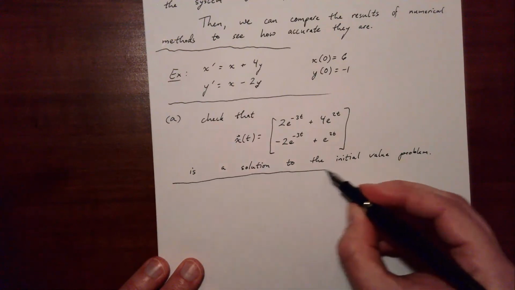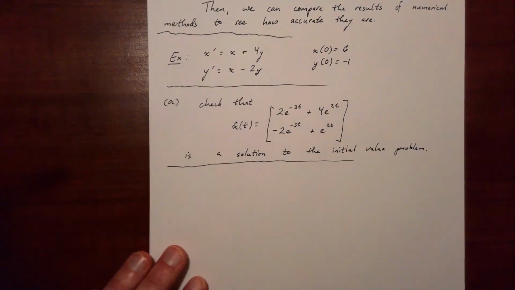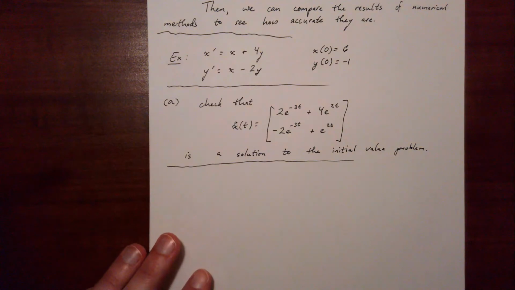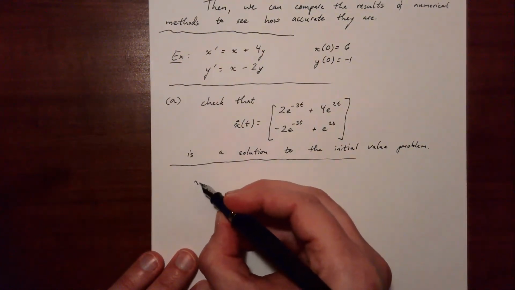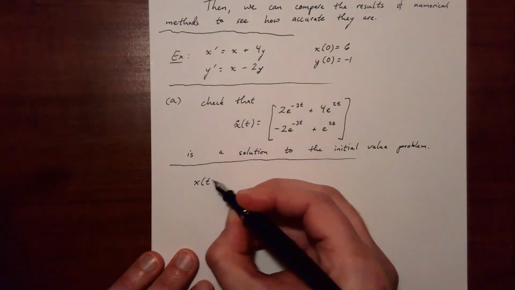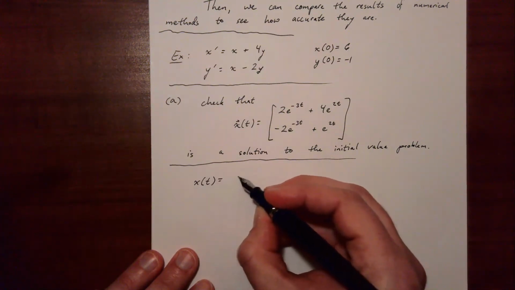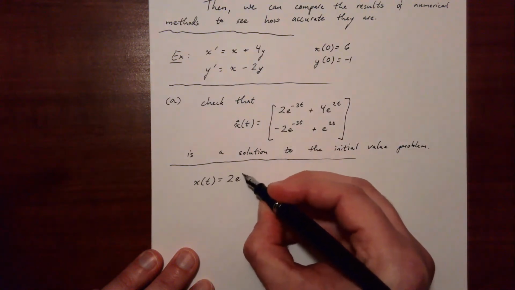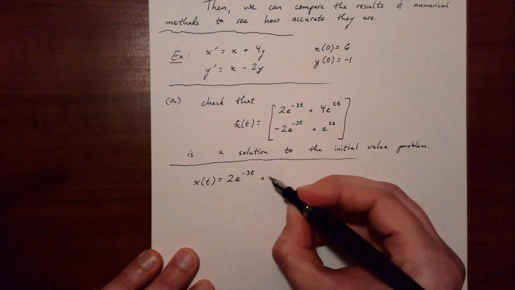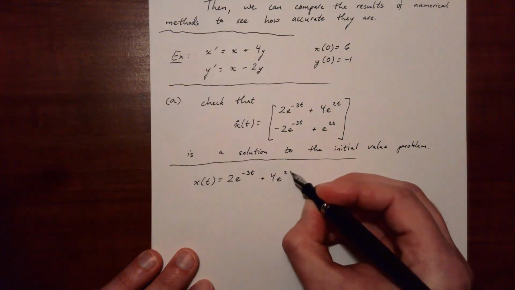So part of the exercise here is just to translate it from this unfamiliar format into something we can hopefully try to understand a little bit. So here, let's just untangle this. What is x of t? Well, x of t is whatever is in the first row, and so it's going to be 2e to the negative 3t plus 4e to the 2t.